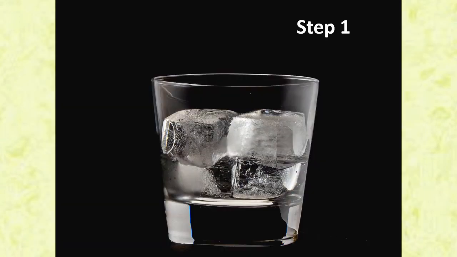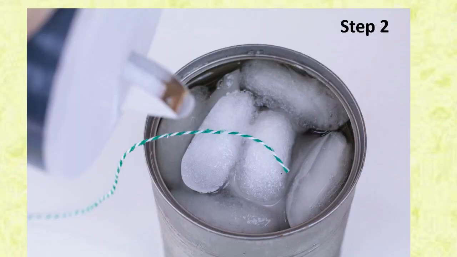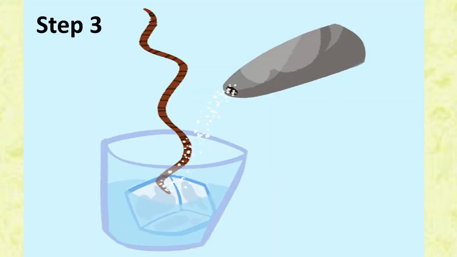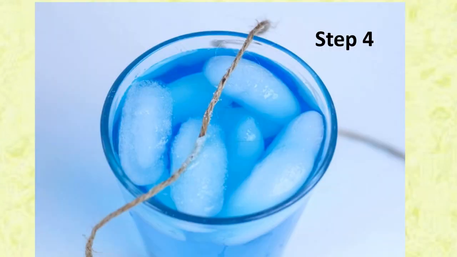You have to take a glass or a bowl and place some ice cubes in it. The second step is to place a thread on the ice cubes. Third step, place some common salt on or near the thread on the ice cubes. So when we sprinkle salt on ice, what happens?